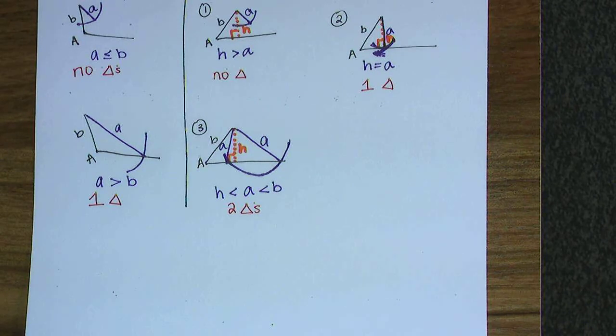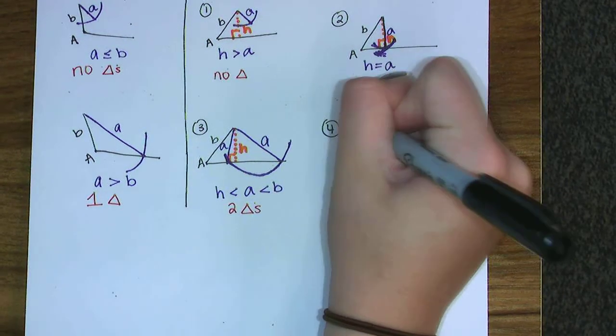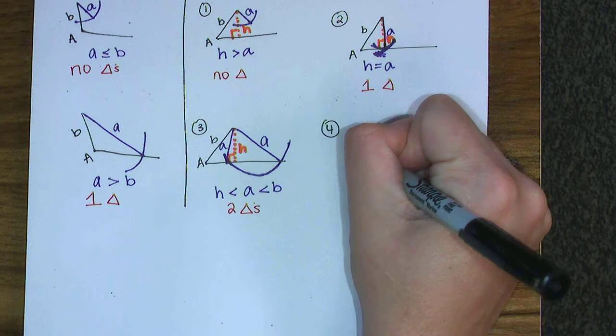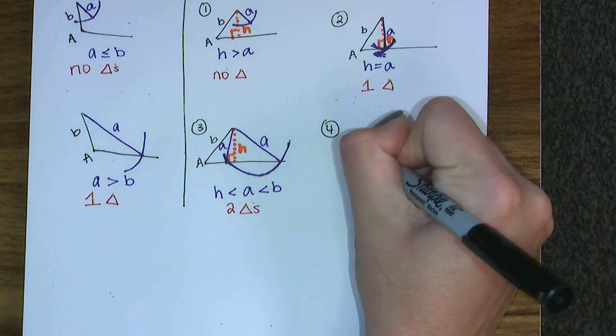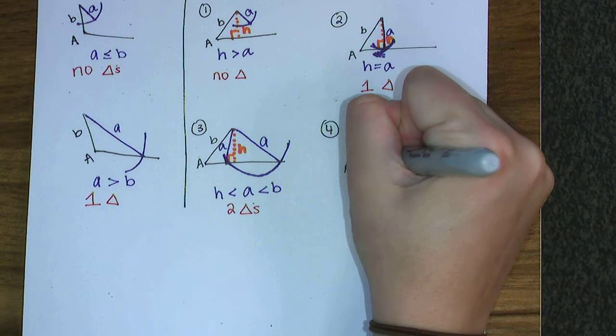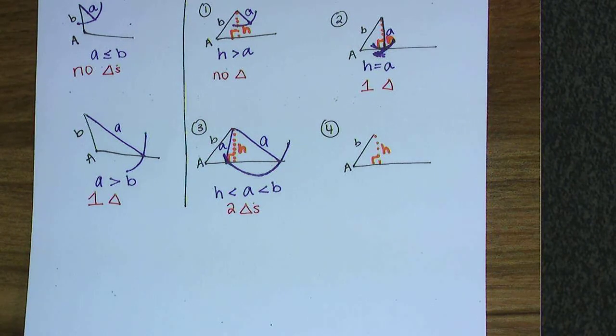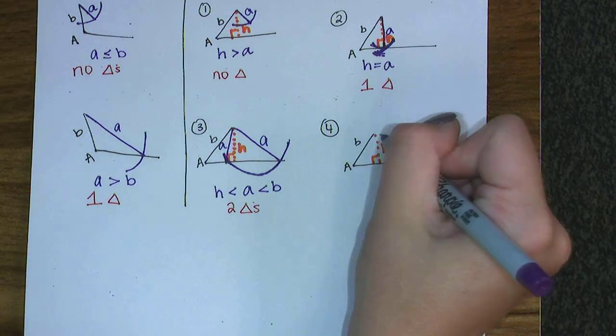Let's see, number 4. So the last possibility here, with H being dropped down, A could be really long, and be way out here somewhere.